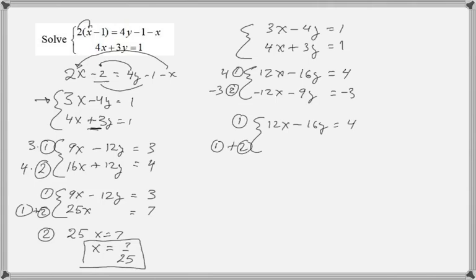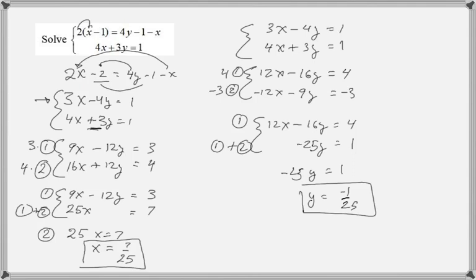Equation 1 plus equation 2. 12x minus 12x is 0. Negative 16y minus 9y is negative 25y. 4 minus 3 is 1. And then when I solve that equation for y, I'll have y is negative 1/25.